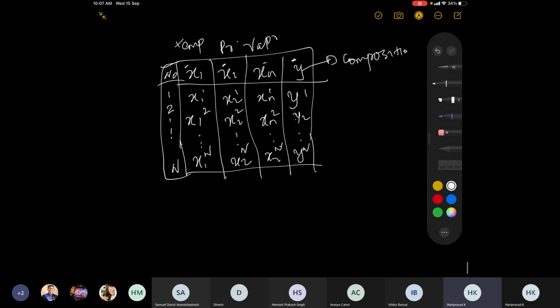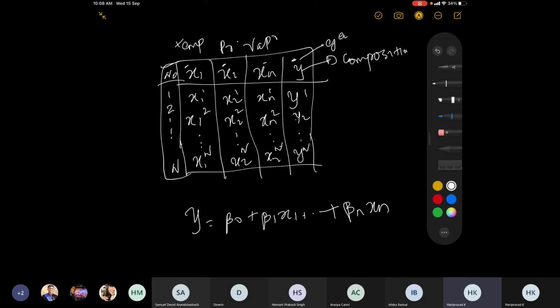And what you really need is your output y equals beta naught plus beta 1 x1, etc., plus beta n xn. I would now like to call this y as y predict.